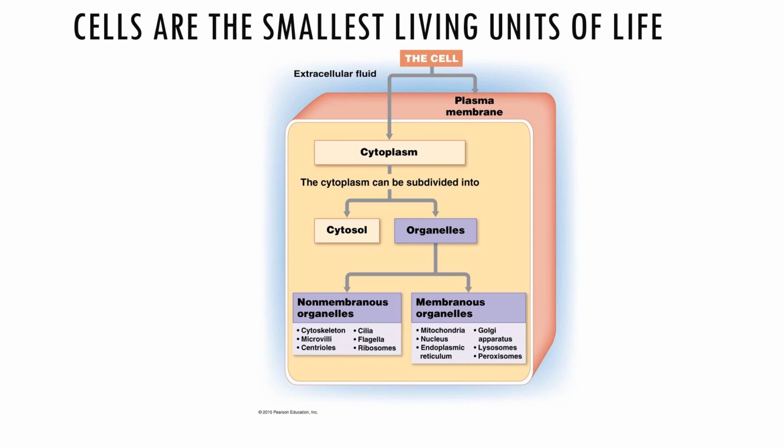It plays a dynamic role in the cellular activity, but it also separates the extracellular fluid, which is sometimes referred to as the ECF, from the interstitial fluid or intracellular fluid, the ICF. And the cytoplasm, as you'll see, can be further subdivided into different types of organelles, both non-membranous organelles and membranous organelles that we will look at in more detail.